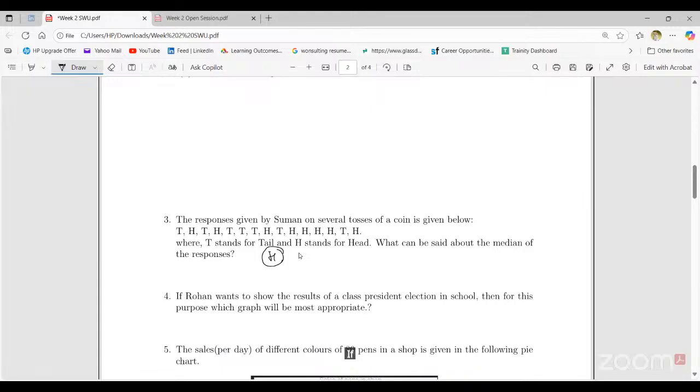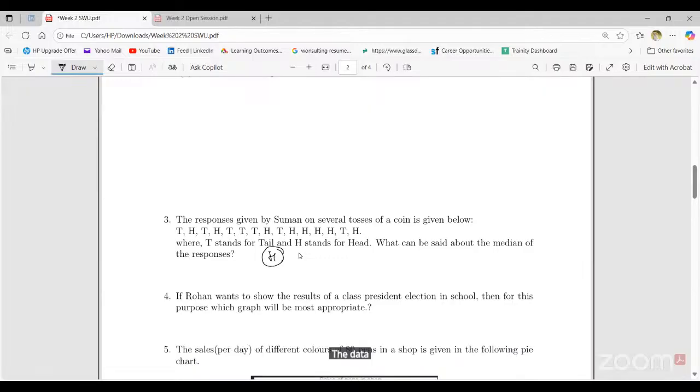If order doesn't matter, then is it ordinal or not? I was saying that. Currently it is nominal, but we have to arrange it in order. Just think about it. Vaibhav is saying correct. The main thing is we have to calculate the median, and for the median we need ordinal data.